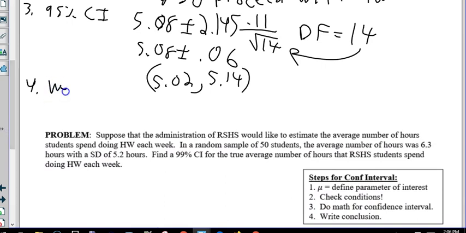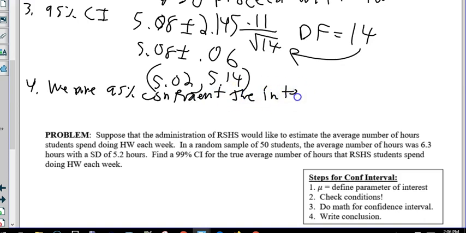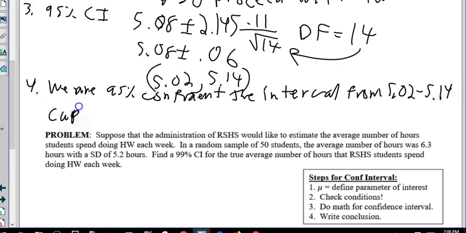Here's what we write. We are 95% confident the interval, and we just write those numbers, from 5.02 to 5.14 captures the true mean, and we just copy that sentence of bolt diameter.